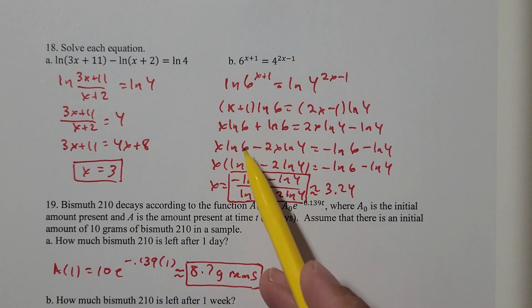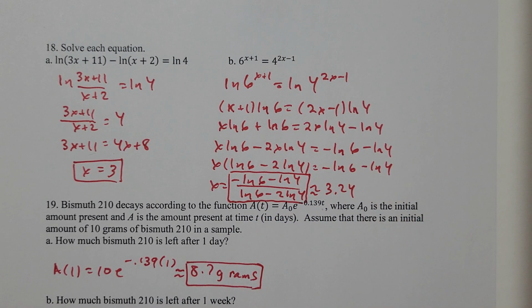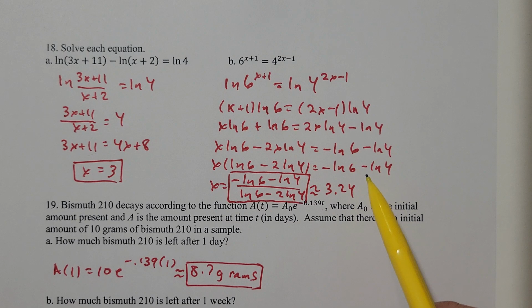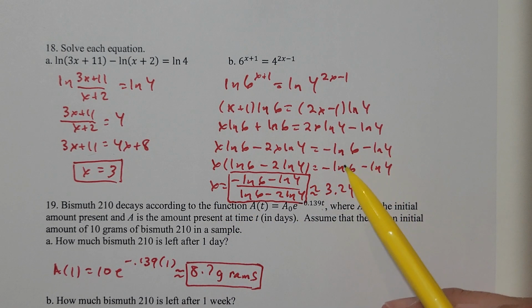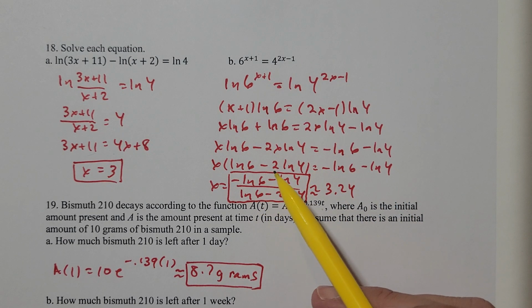If I bring out x from these two terms, I have ln 6 minus 2 ln 4 left over. That's just a number, like 5 is a number. So I'm going to divide by this number, and x would be negative the ln of 6 minus the ln of 4, divided by ln 6 minus 2 ln 4. That would be the answer.